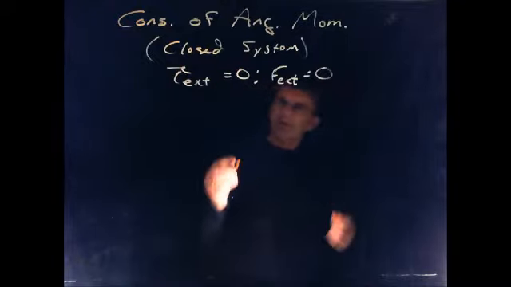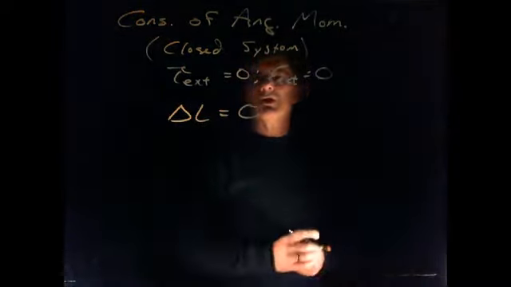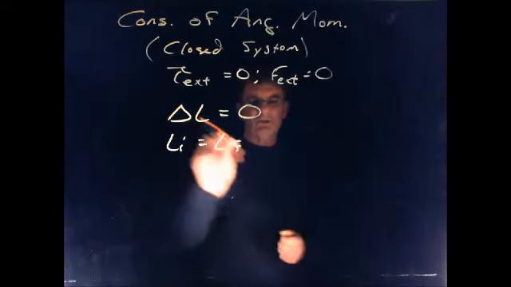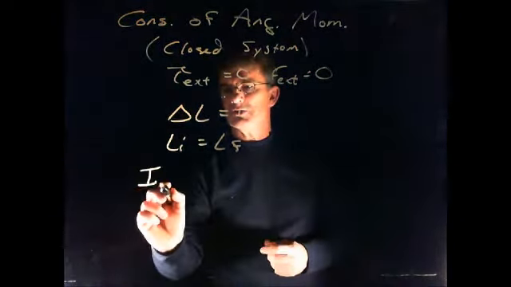Okay, keep in mind, conservation of angular momentum means I have no change in angular momentum, which means my initial is equal to my final. Initial angular momentum is initial moment of inertia times initial angular speed. Final moment of inertia, final angular velocity.